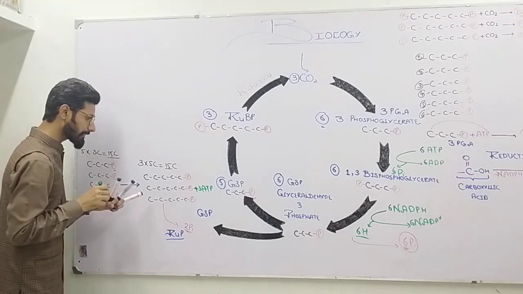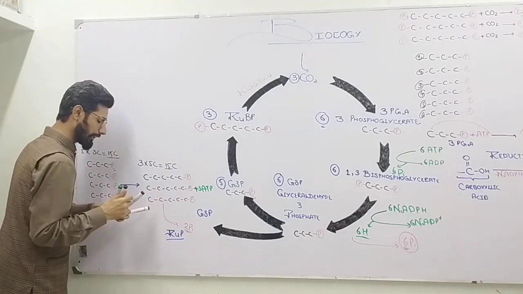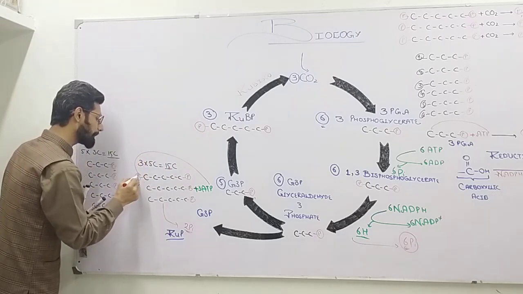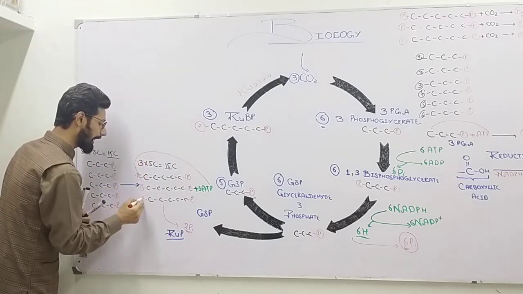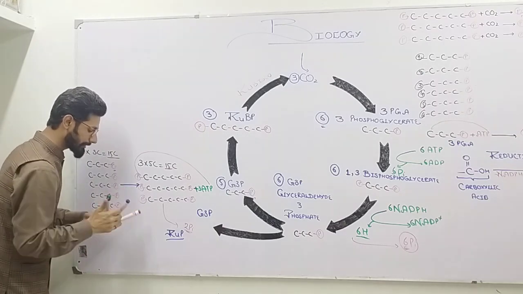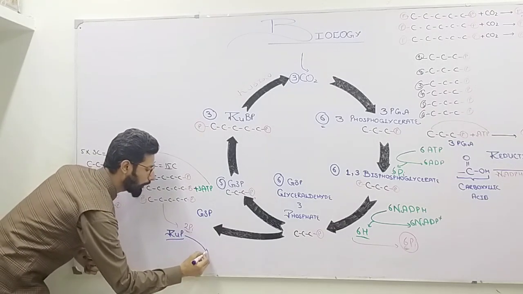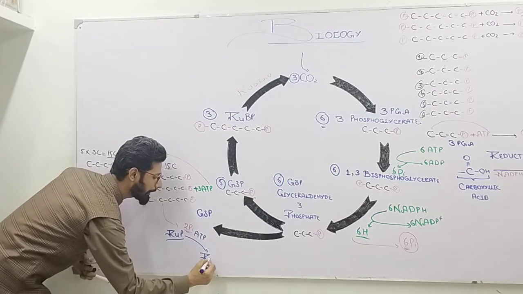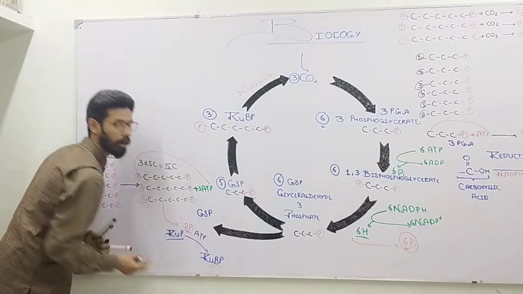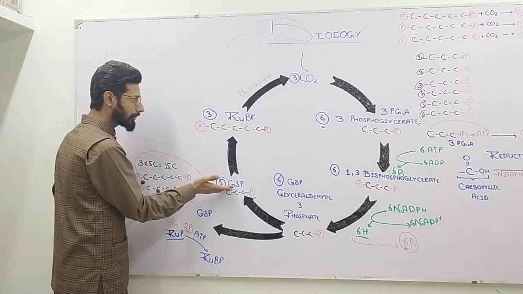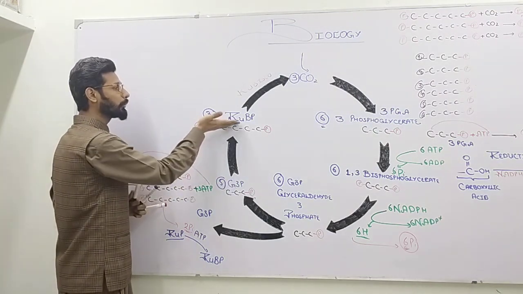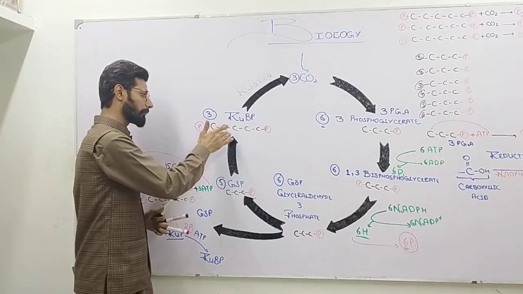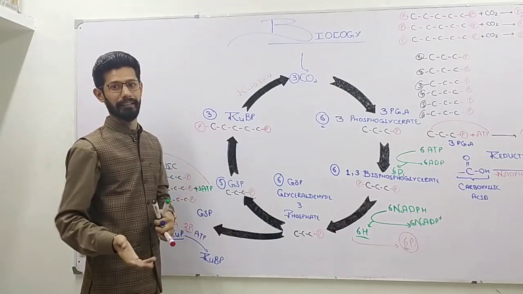The phosphorus from ATP acts on carbon number 1, and on treatment with ATP, it converts into ribulose bisphosphate. And now the G3P is converted into ribulose bisphosphate, and the cycle comes back to where it started.